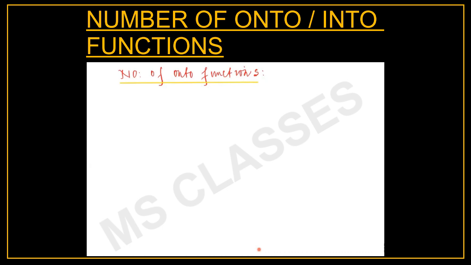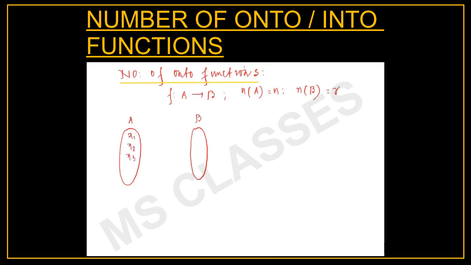What is an onto function? All of you know, suppose f maps from A to B, we take the cardinal number of A as n and the cardinal number of B as R. Now this set A, this set B. I have taken here n elements like this: y1, y2, y3, yn.